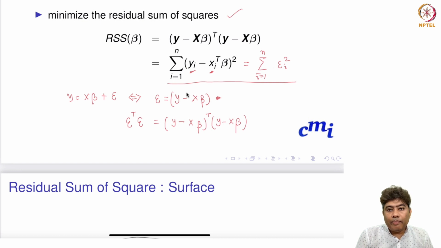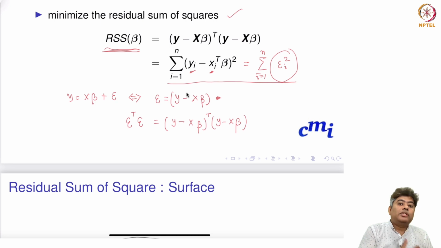If I change beta a little bit, naturally the epsilon i squared will change, and so the sum of epsilon i squared also changes. So RSS of beta turns out to be a function of beta, because if I change beta a little bit, the residual sum of squares will change.